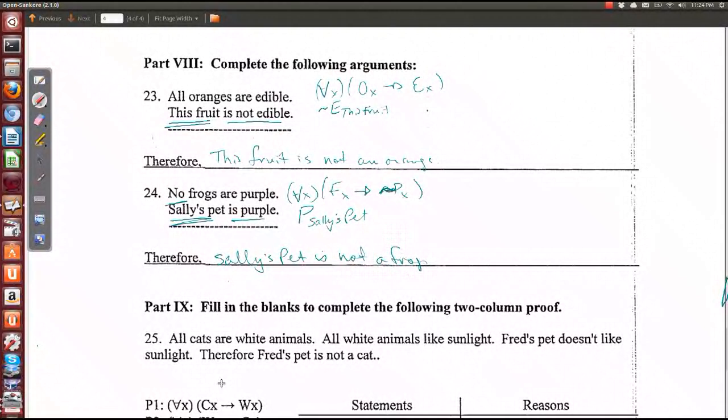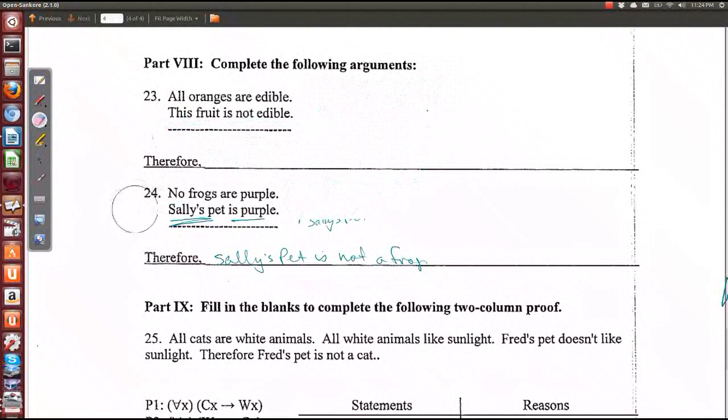And so I can use these modus ponens or modus tollens relationships to prove something about these conditionals. And so the last thing I have is the proof where the students have to fill in the blanks.